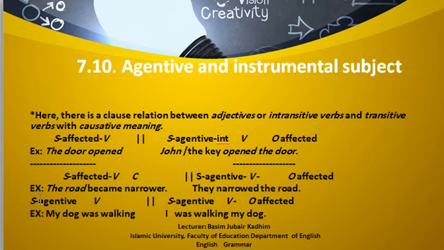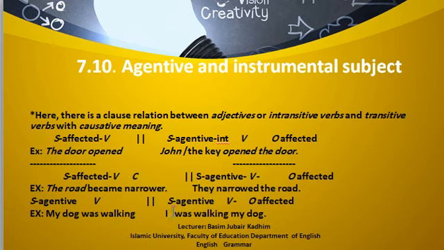The third relationship is that the subject, agentive, and the verb. For example, my dog was walking. Now, my dog is the subject, which is agentive, and was walking is the verb.